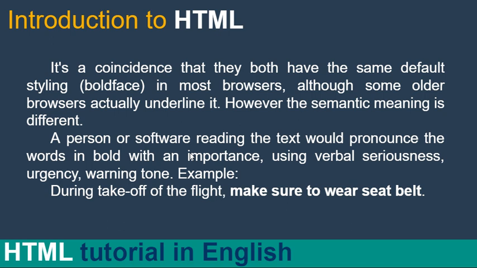That means there are chances that a few older browsers still show the strong element as underlined but not as bold text. But it is a coincidence that both the bold element and the strong element are visible in the same way, boldface, in most of the new generation browsers.